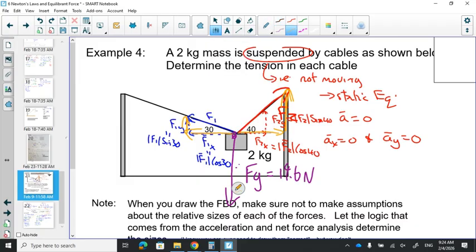I have to get the smartboard to make them separate by having a little delay there. There we go. This is the F2y component and the F1y component, and what we want to see there, of course, is that together they're the same size as the gravity, right?